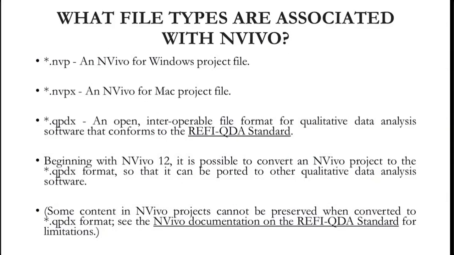If you're working on PPT, .ppt or .pptx. Similarly, with NVivo, you can recognize files like this: .nvp means it's a project of NVivo. Whereas for Mac users, it is .nvpx, which is a Mac project.